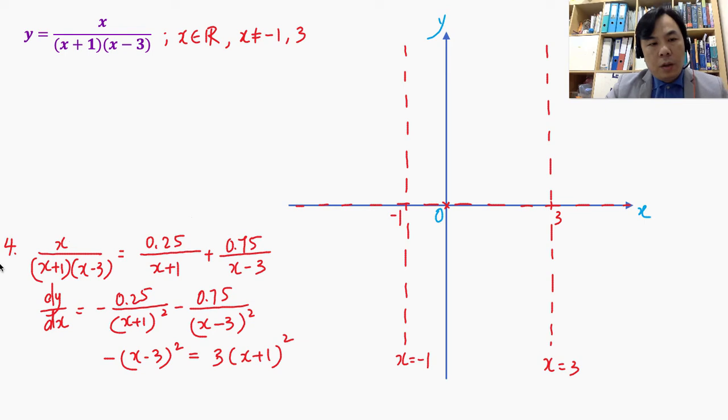Okay, now you can see that when we let our dy/dx equal to 0, our dy/dx is actually equal to negative 0.25. Let me rewrite that again.